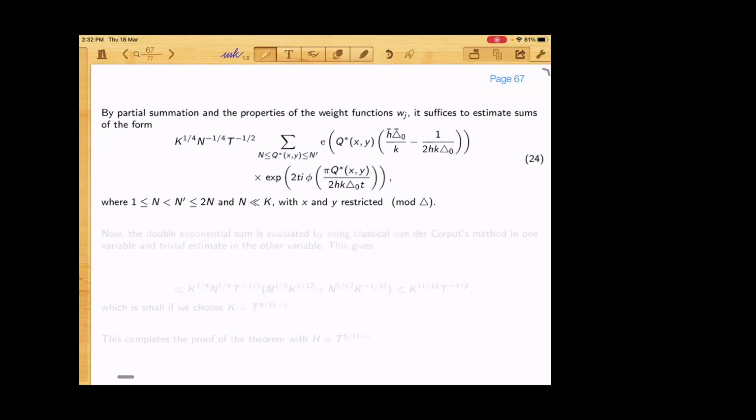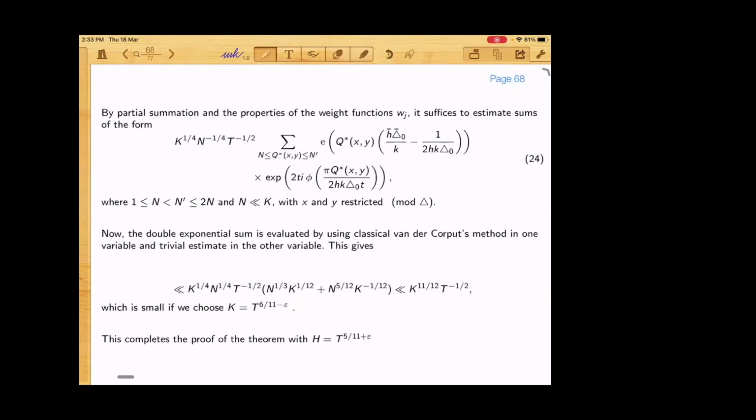All right. Now we have two variables, x and y. What we did is we used van der Corput's method in one variable to estimate this sum, and in the other variable we took a trivial estimate.